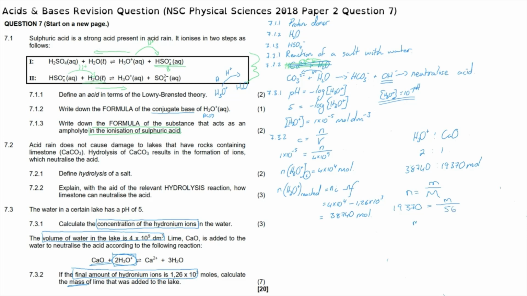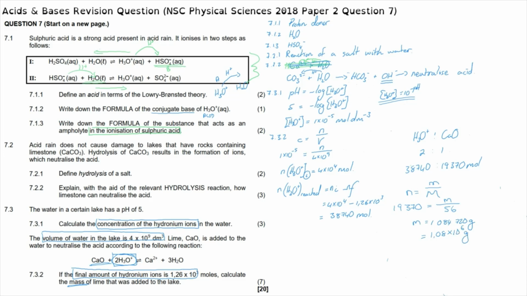And therefore, our mass of calcium oxide is 1084720 grams, or we could write this as 1.08 times 10 to the 6 grams.